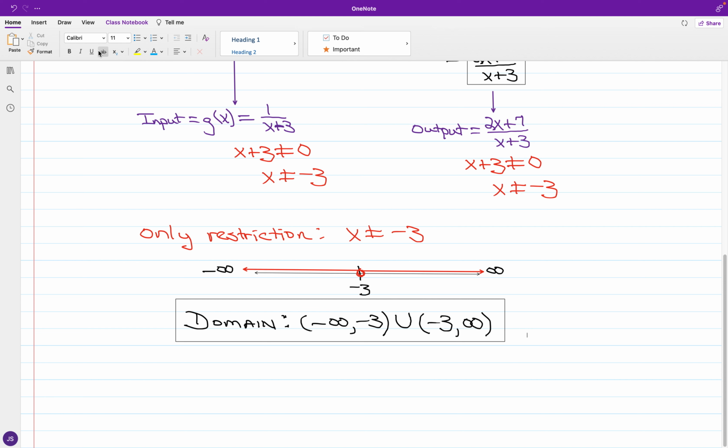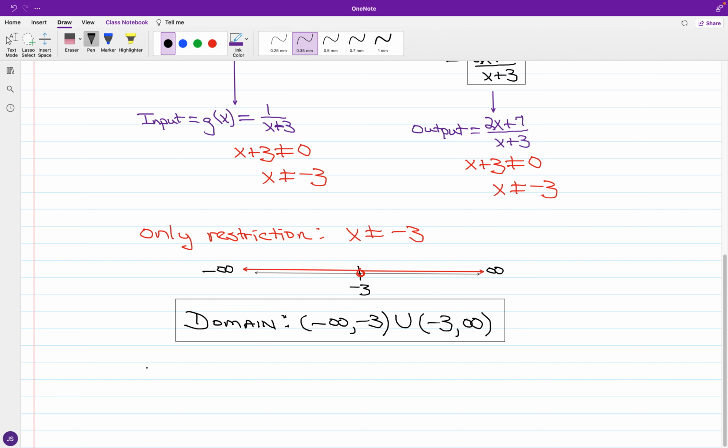Now let's say that we have a case for a given set here. If we have f of x is equal to the square root of x, and we'll say we have g of x is equal to x minus 4.